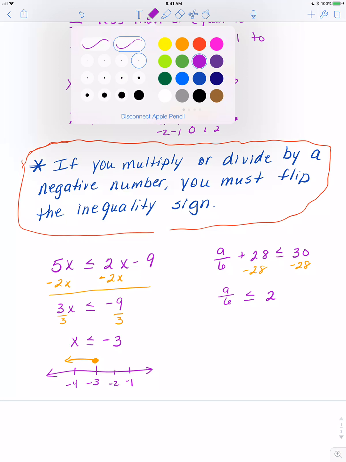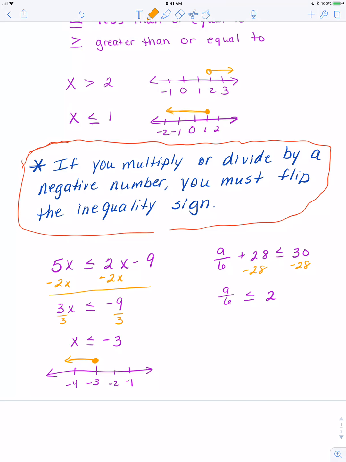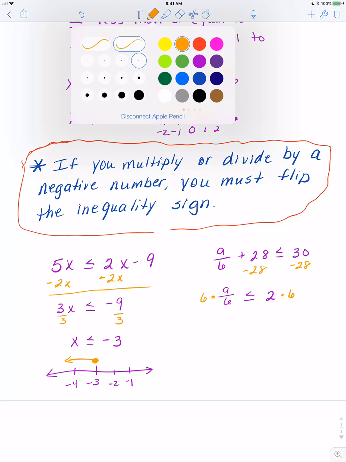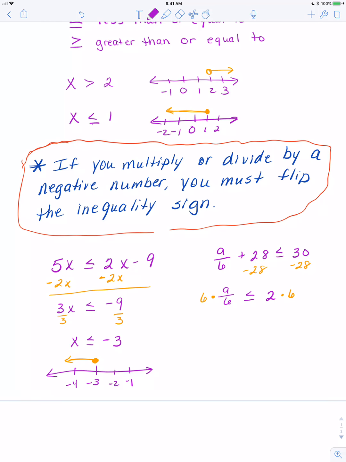And now to get rid of that 6, because a is divided by 6, the opposite function there is to multiply by 6 on both sides. And so 6 over 6 is 1, so that just leaves me with a is less than or equal to 12.